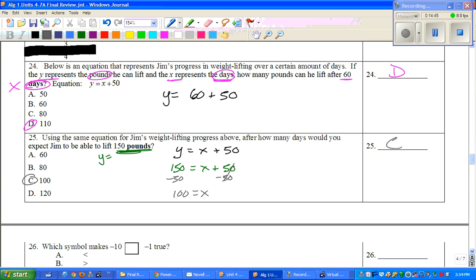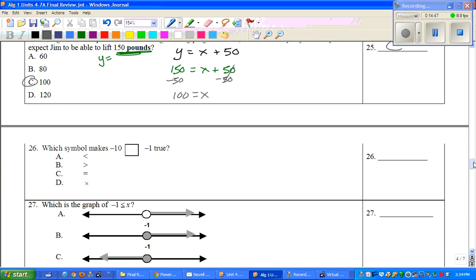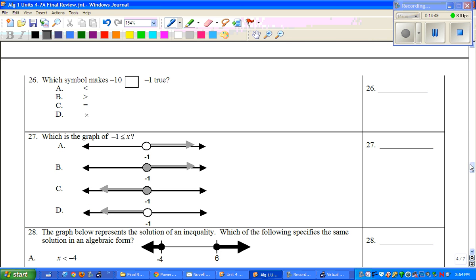Let's do one more, and then we'll call it a video. Which symbol makes -10 blank -1 true? Looking at your symbols, you have to remember what those mean. They're not equal, and multiplying doesn't even make sense. So one means less than, and the other is greater than.